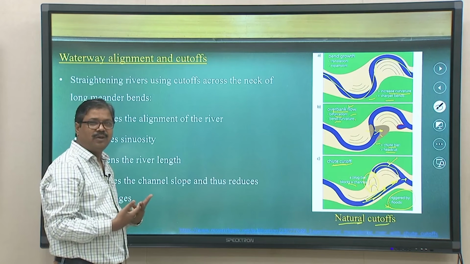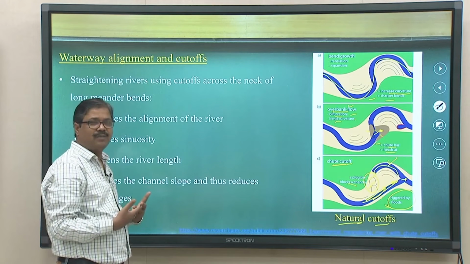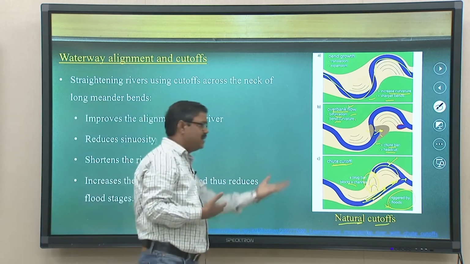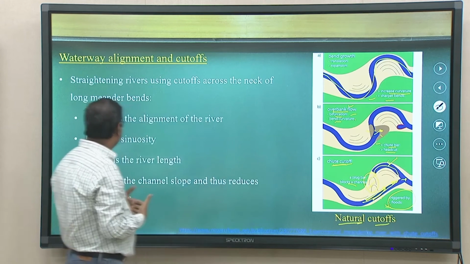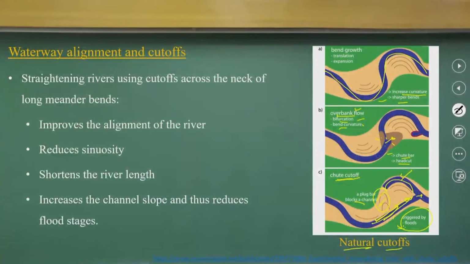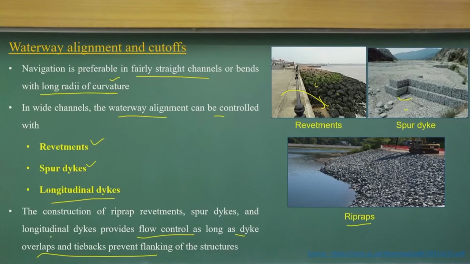If we understand the river behavior, we can trigger the same mechanisms with an artificial cutoff process. So, that is the reason we do the cutoffs: to improve the alignment of the river, reduce the sinuosity, and shorten the river length. As it shortens the river length, it increases the slope and reduces the flood stages. It has other effects, but let me leave it at these.